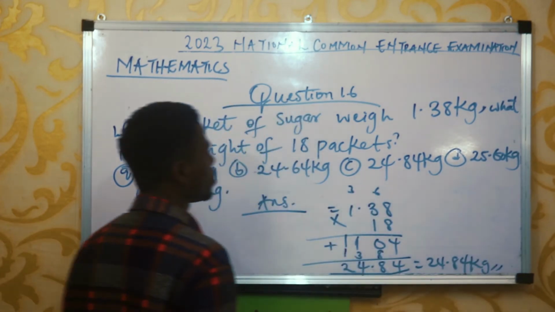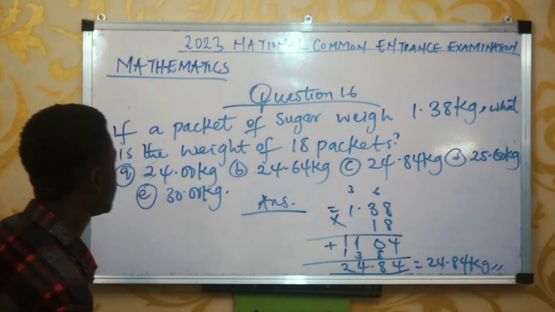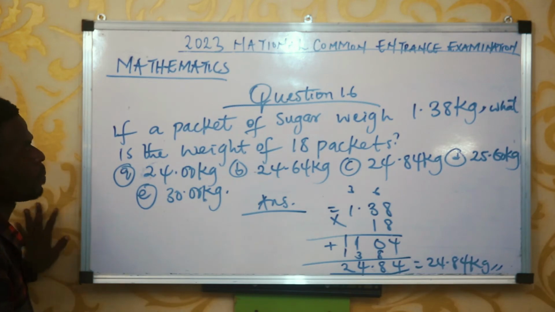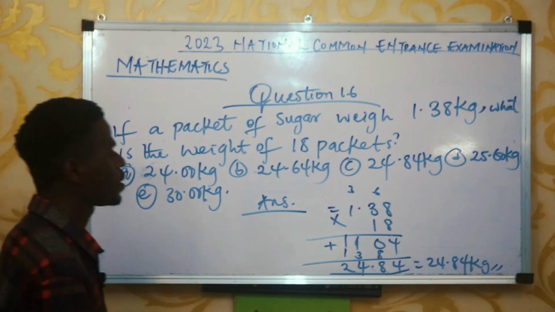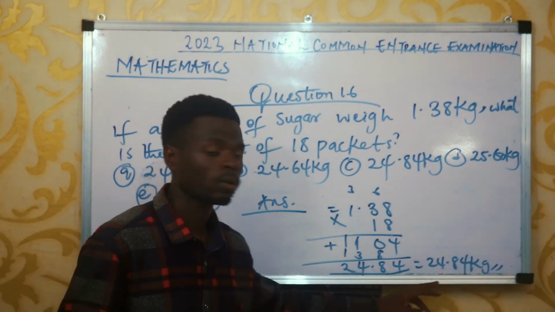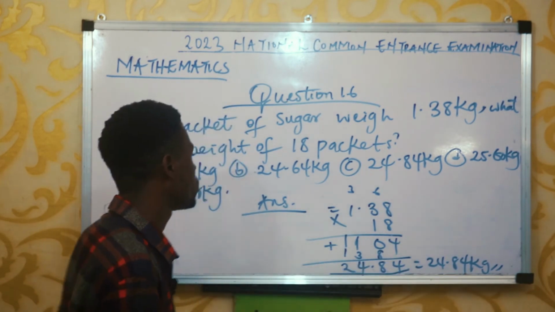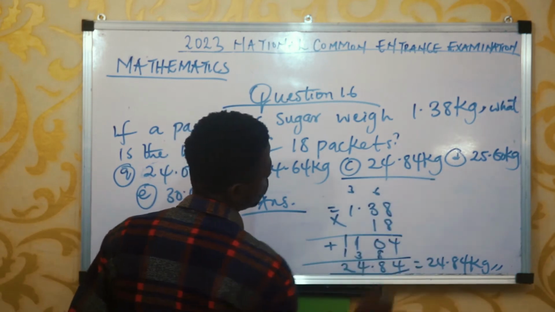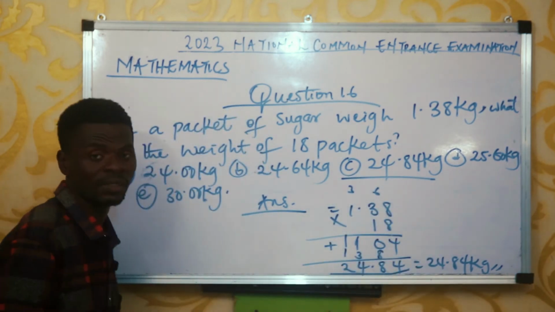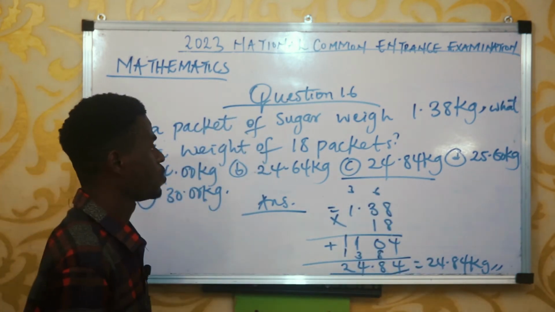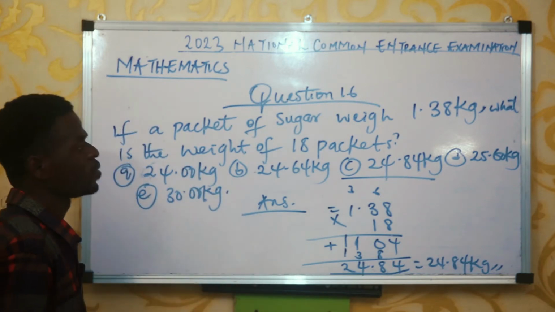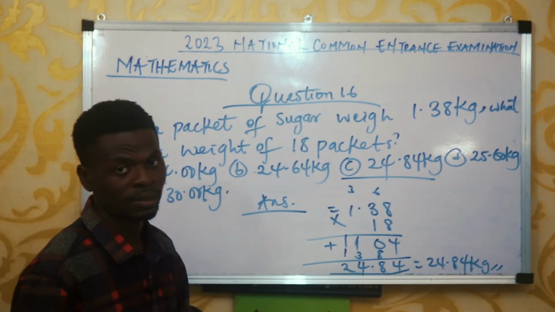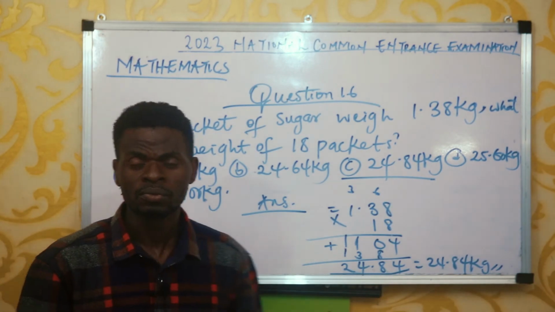So the weight of the 18 packets is 24.84 kilograms. So the option is option C, 24.84 kilogram of 18 packets. Thank you very much.